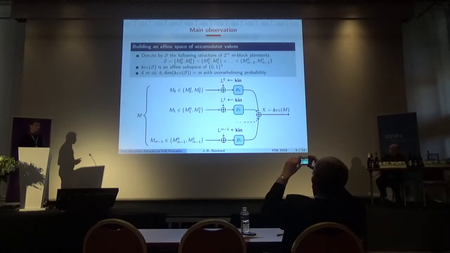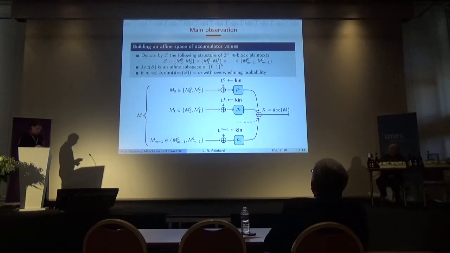The main observation, which was already noted by the designers, is that it's easy to build an affine space of values in the accumulator state here. You just have to consider 2 to the n block messages with n blocks, where each block is chosen among 2 possible values.